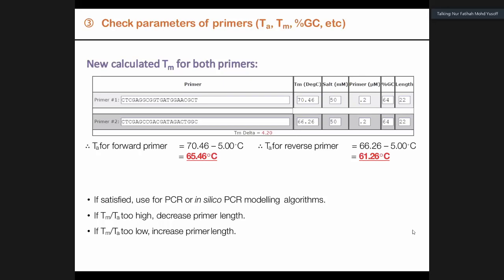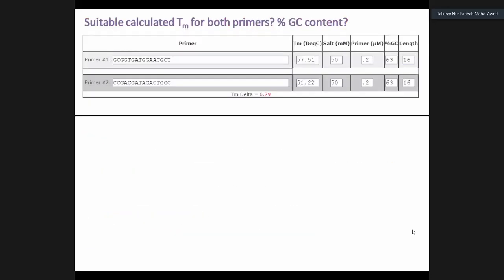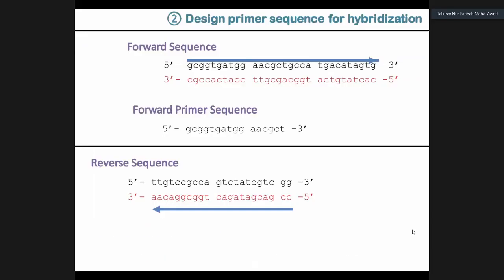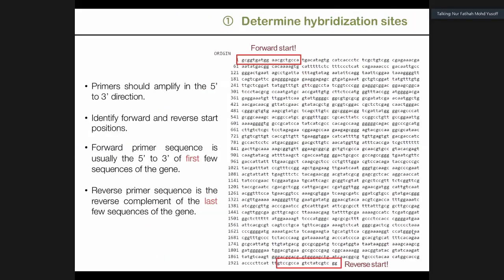Sometimes, in my case, my master student was working on isolation of a gene from a plant without any genome sequence information. So she needed to design a degenerate primer. But she tried to design from end to end, and she couldn't get it.